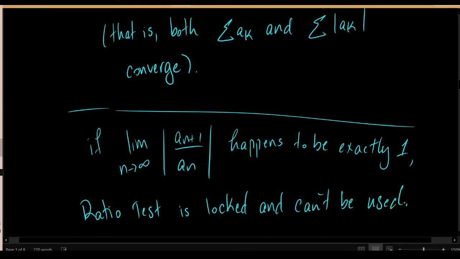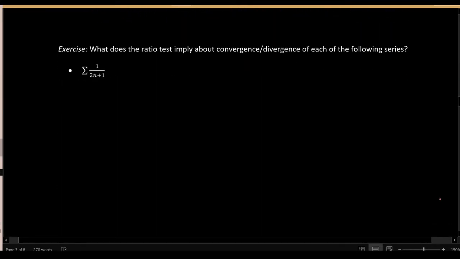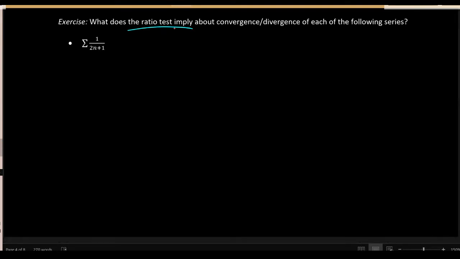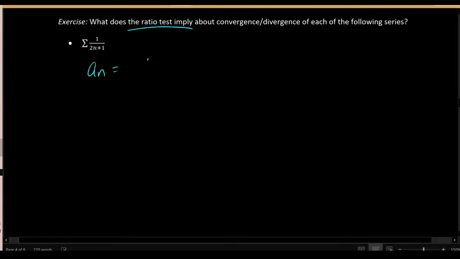So let's get some practice. In the following exercise, we're asked, what does the ratio test imply about convergence/divergence of each of the following series? So the goal is to calculate the limit of a sub n plus 1 divided by a sub n. So we have a sub n in this problem, which is equal to 1 over 2n plus 1.